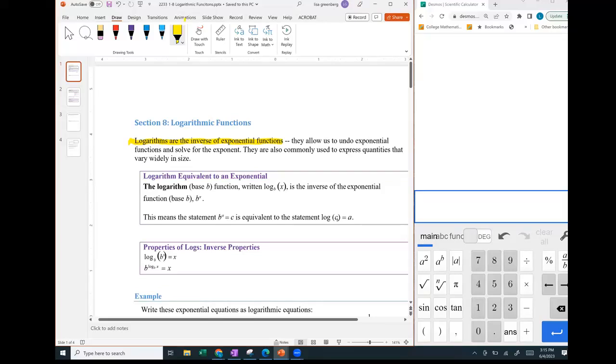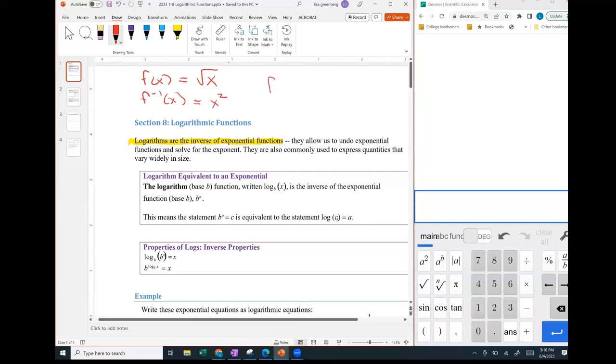What that means is, if I have f of x equals the square root of x, and I want to know what its inverse function is, f inverse of x, if I go through all the steps, it would equal x squared.